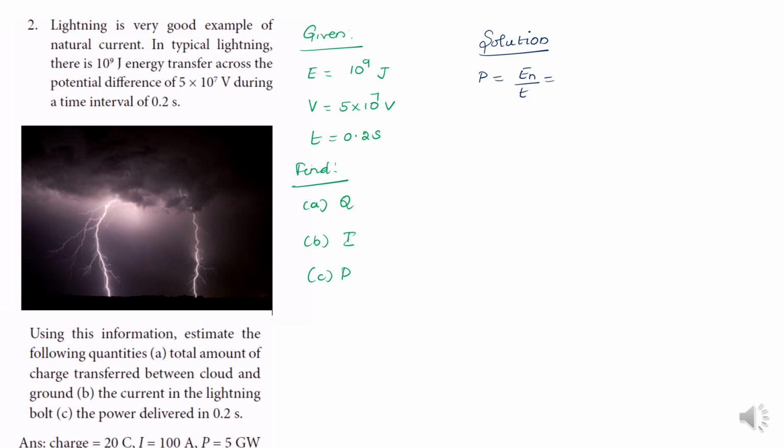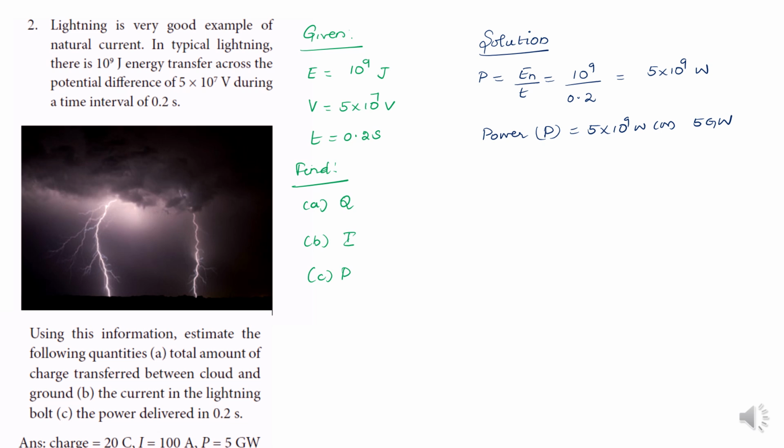Energy is 10 power 9 by time is 0.2 seconds. Okay. So this comes around 5 into 10 power 9 watts. So power P is equal to 5 into 10 power 9 watts or 5 gigawatts.